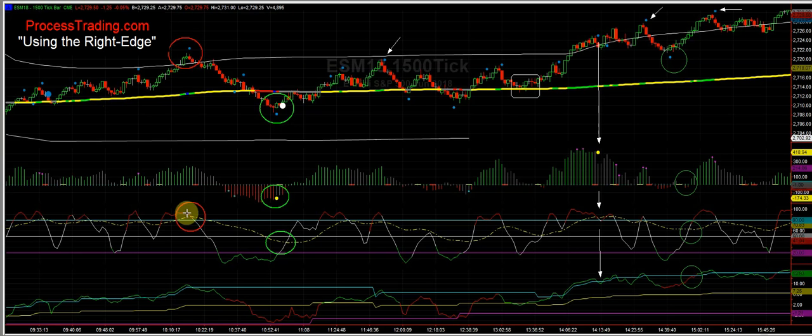That weakness is validated through the cinnamon oscillator right here, where the momentum cuts down rapidly through the upper bound of the oscillator and through the cinnamon line or the conviction. So we know that that's sloping down, as well as the energy. That's the internal energy. The demand is coming out and it shows weakness here.